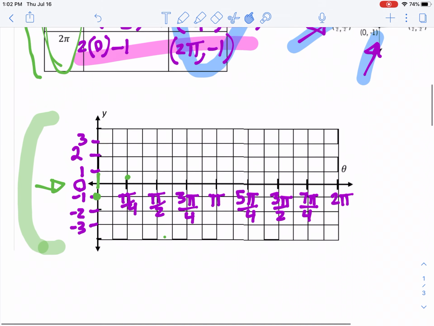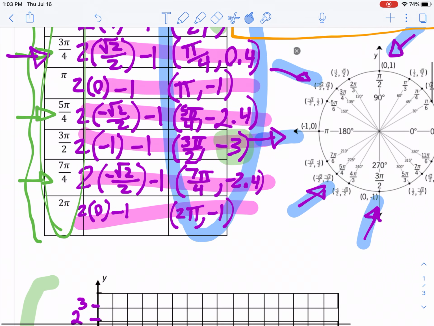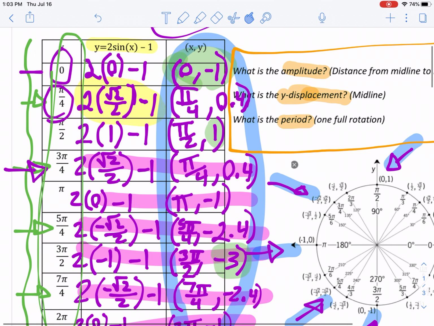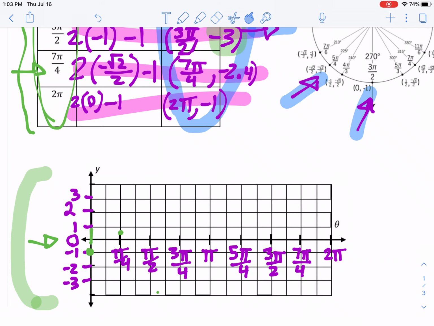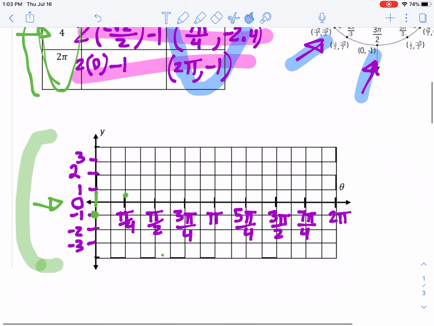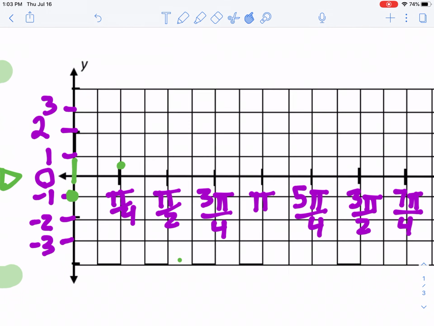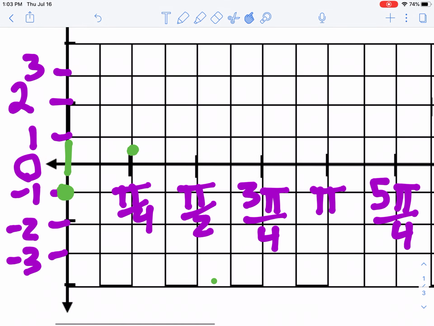Next point is pi/2, 1. Again, I'm going to zoom in because it's kind of squished. We'll put that point right there.